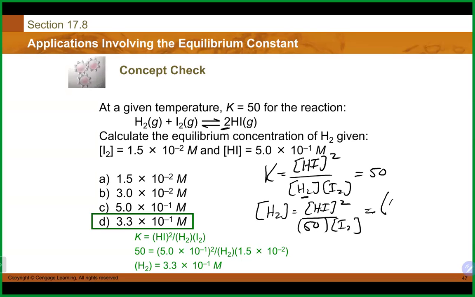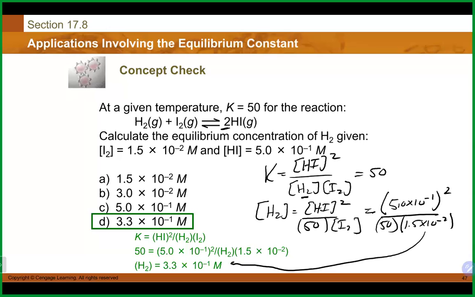This is going to be 5 times 10 to the minus 1 squared, divided by 50, and that will give us 1.5 times 10 to the minus 2. And that should give us our equilibrium concentration there of H2 in this case, which would be 3.3 times 10 to the minus 1.